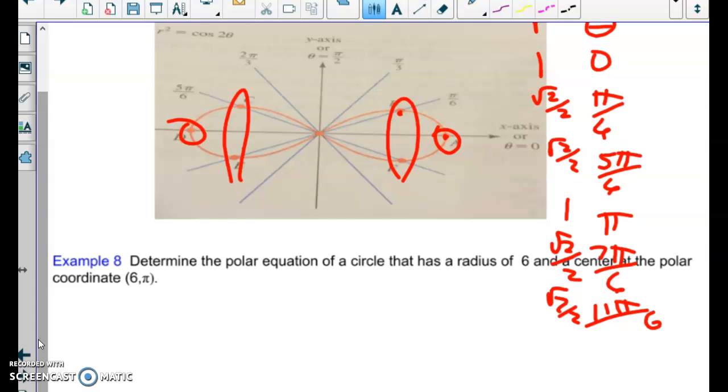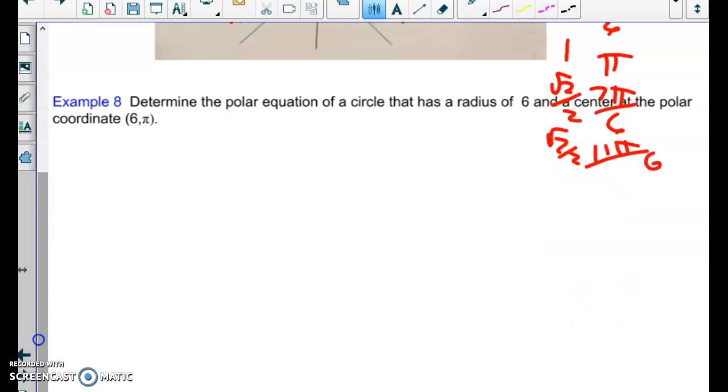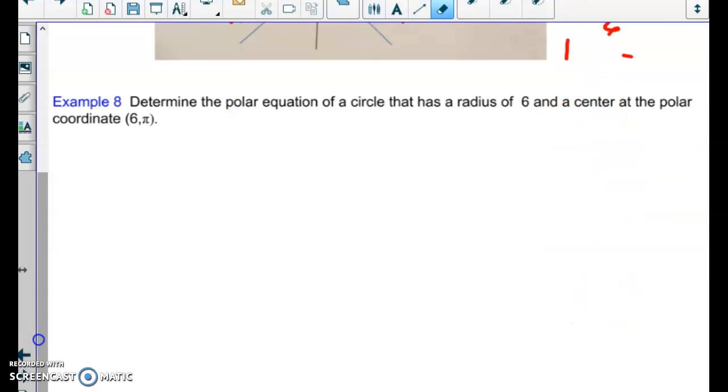Let's go down here, make myself a little bit of room. And it says, determine the polar equation of a circle that has a radius 6 and a center at the polar coordinate 0, pi.